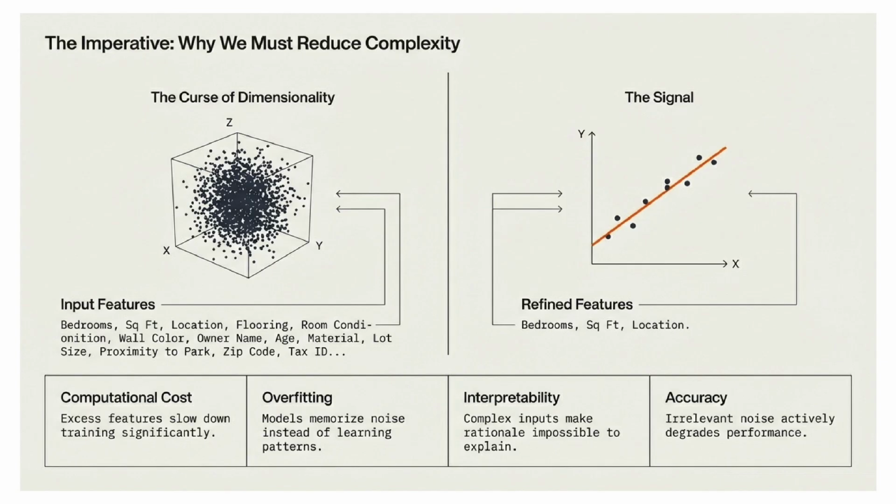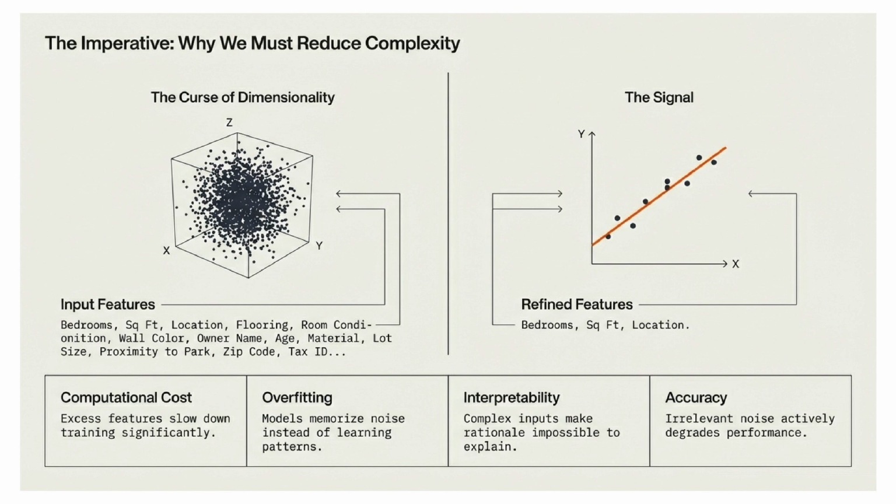Reducing complexity is essential for four key reasons. First, computational cost. Excess features significantly slow down training and increase memory usage. Second, overfitting. When models are exposed to too many irrelevant variables, they tend to memorize noise rather than learn real patterns.